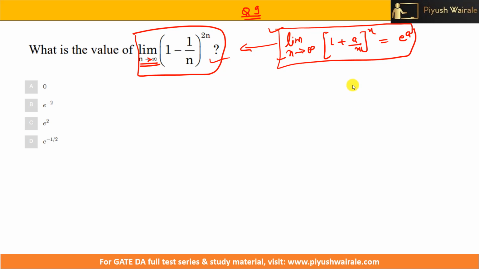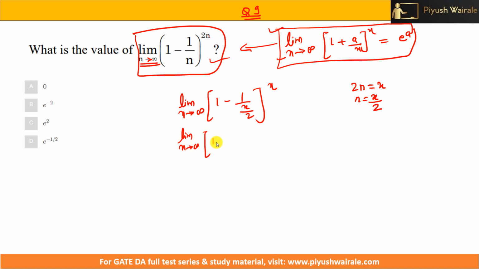Just say 2n equals x. Now n will be x by 2. Put this in the limit: limit x tends to infinity, 1 minus 1 by n, where n is x by 2, and 2n is x. I can simplify this limit: x tends to infinity, 1 minus 2 by x to the power x.